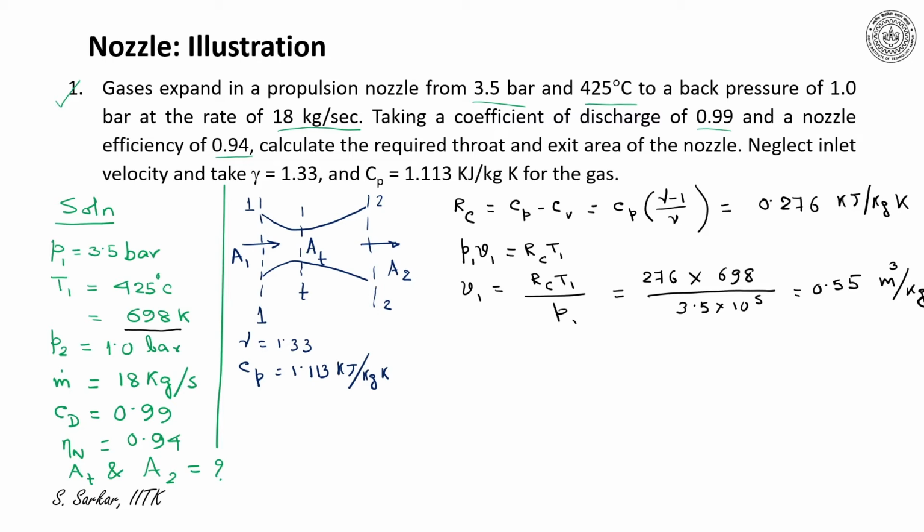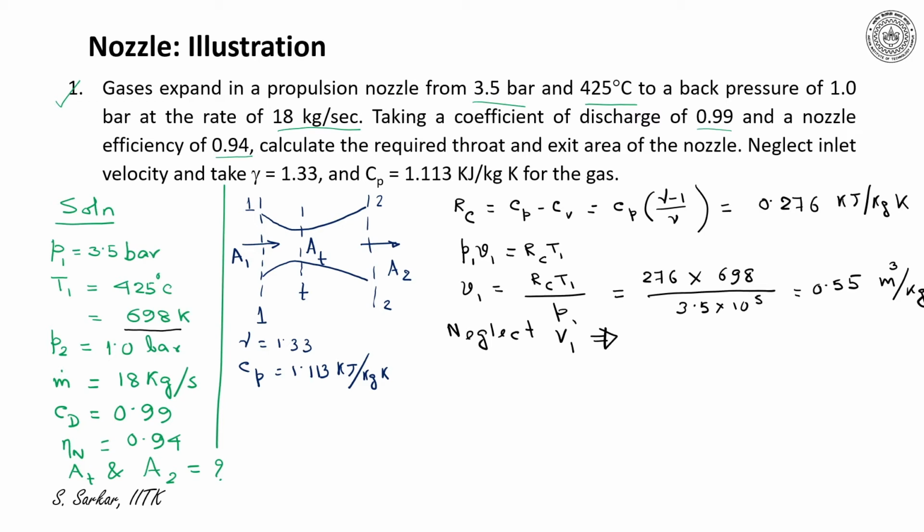So you have evaluated specific volume at inlet. Now if I neglect the approach velocity, that is the inlet velocity V1, then what I'll get?